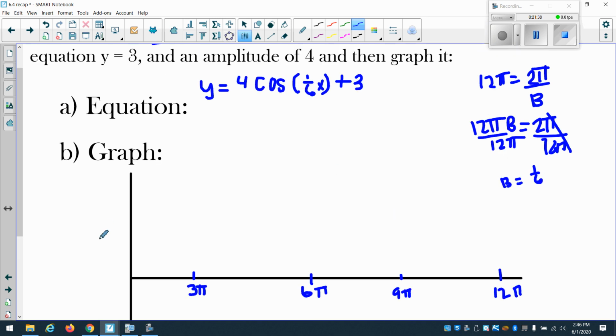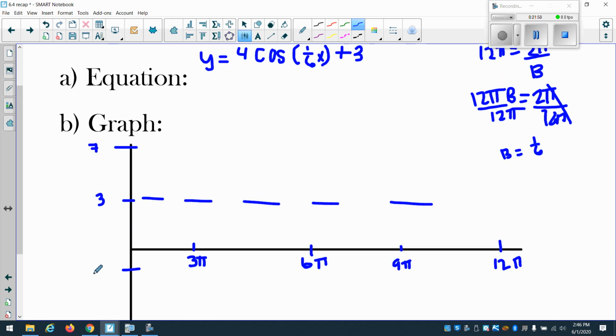Okay, my midline is 3. Okay, so that's all the way across. My maximum, you take 3 plus 4, and that gives you 7. And then 3 minus 4 gives you -1.